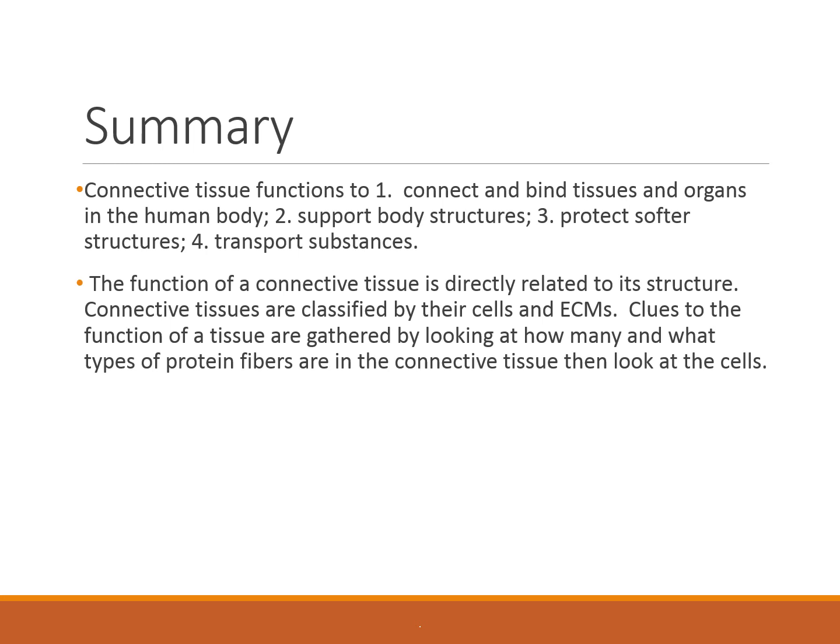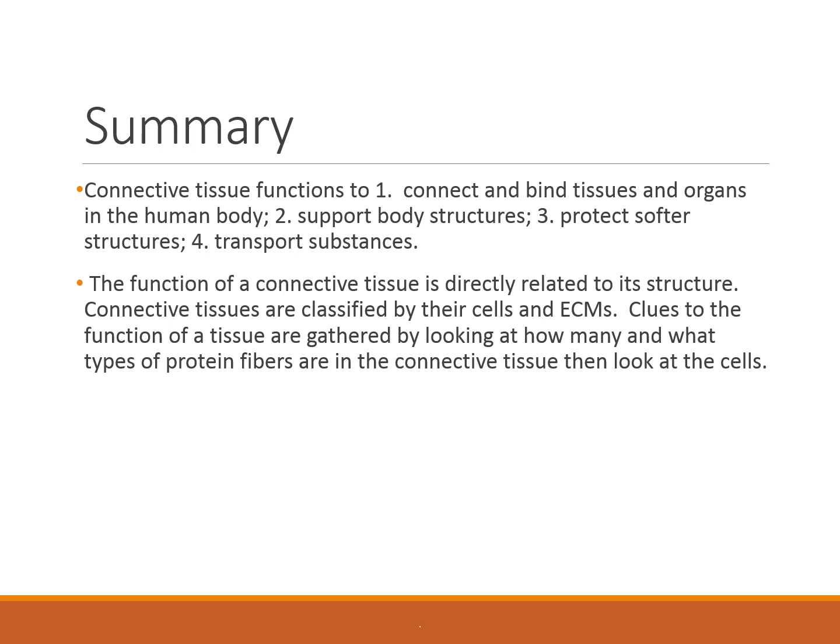Remember that we classify connective tissues by the cells in the tissue as well as the composition of the ECM. Clues to function can be gathered by looking at how many and what types of protein fibers are in that tissue. If you see lots of collagen fibers or collagen fiber bundles, then you know that that tissue is going to be in an area that either receives a lot of pulling or a lot of compression.